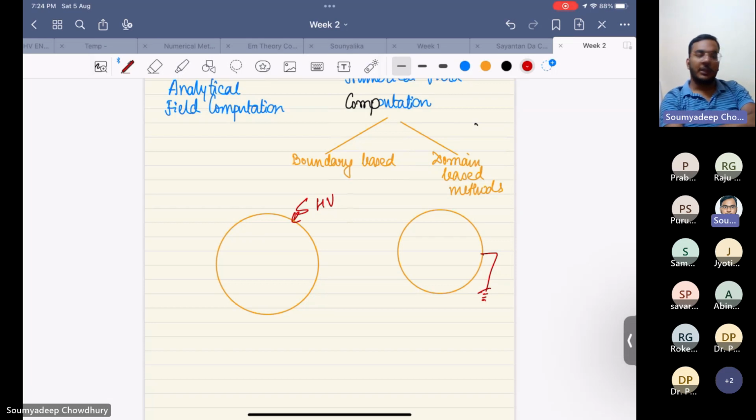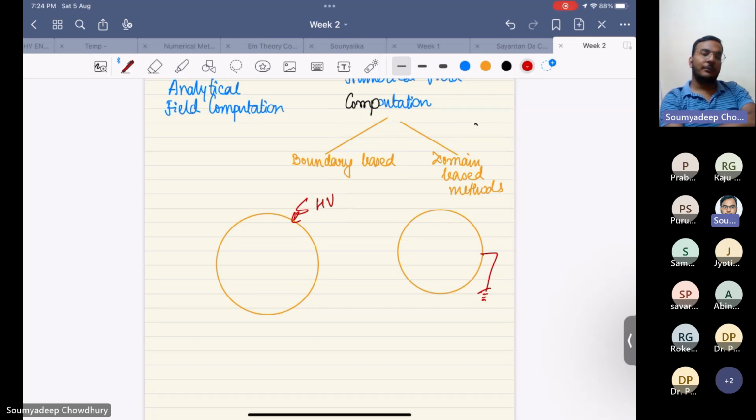We cannot develop empirical formulas for everything. Like for a point charge, we have an empirical formula for electric field. For a line charge, we have one. For a spherical charge distribution, for a volume charge distribution, we have empirical formulas. There we can use our analytical methods easily.